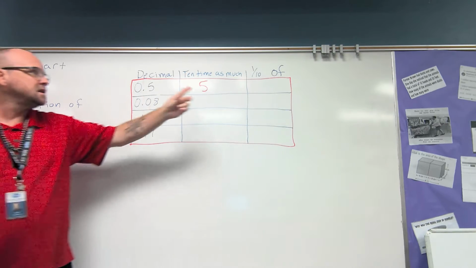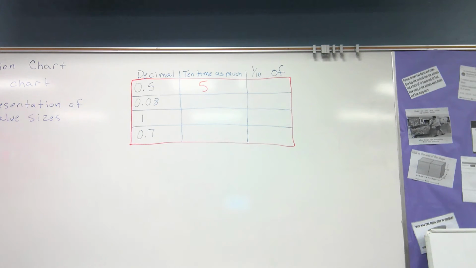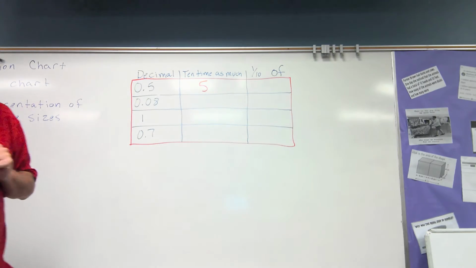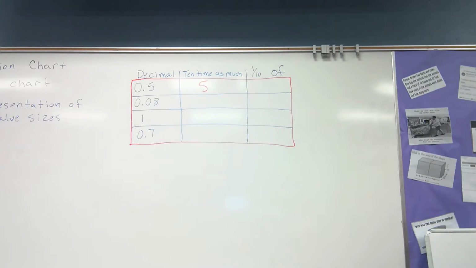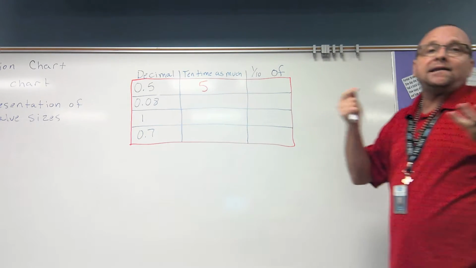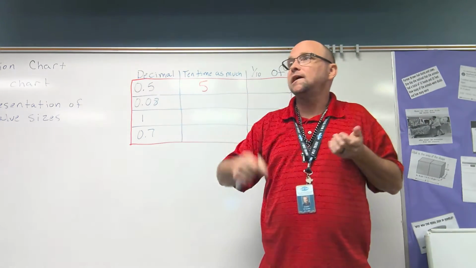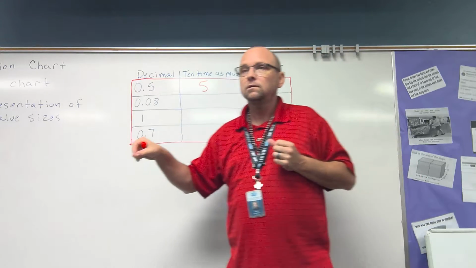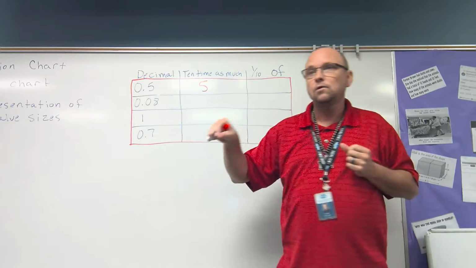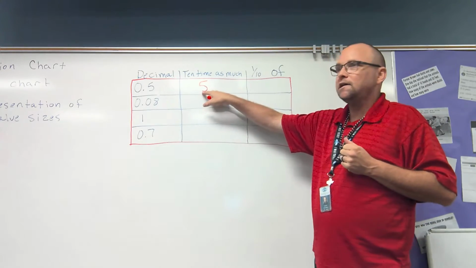Now let me ask you this. Does the number 5 have a decimal point? No. Ooh, who said yes? Yes. How do you know it has a decimal point? When you're writing down a number, where does the decimal point go? Behind which place? Ones place. What place value is the 5 in?